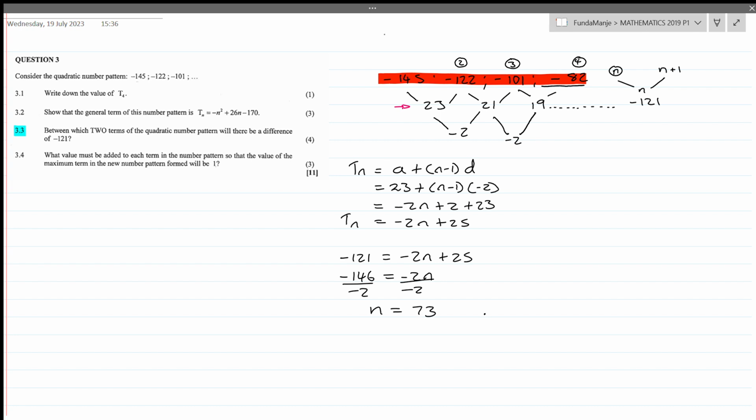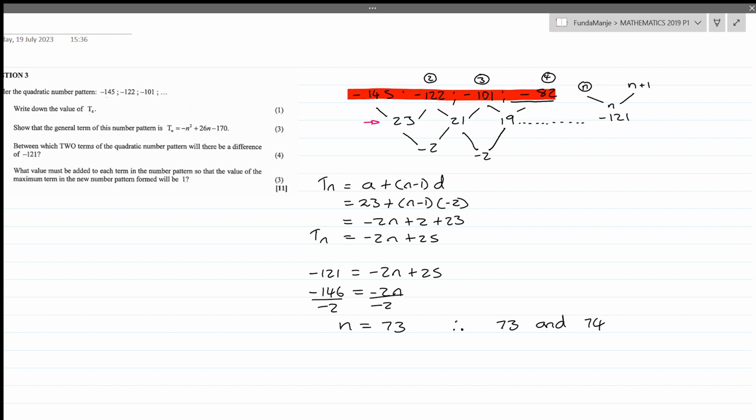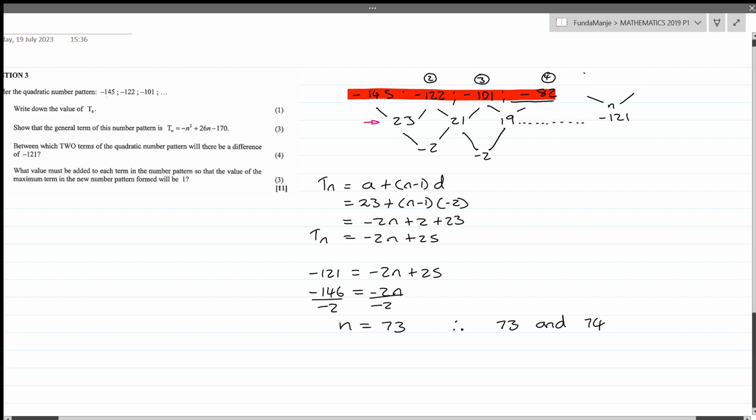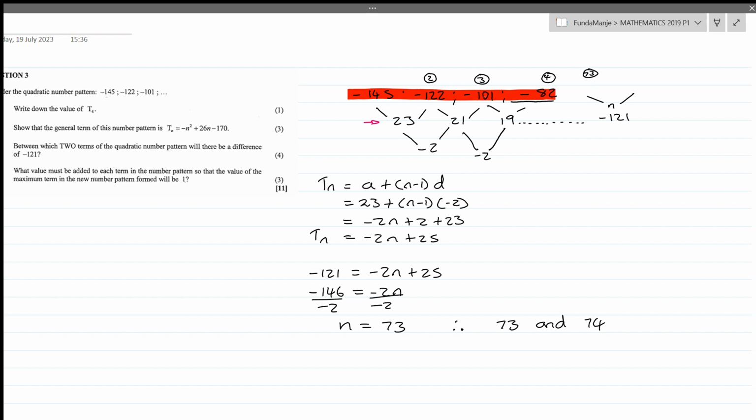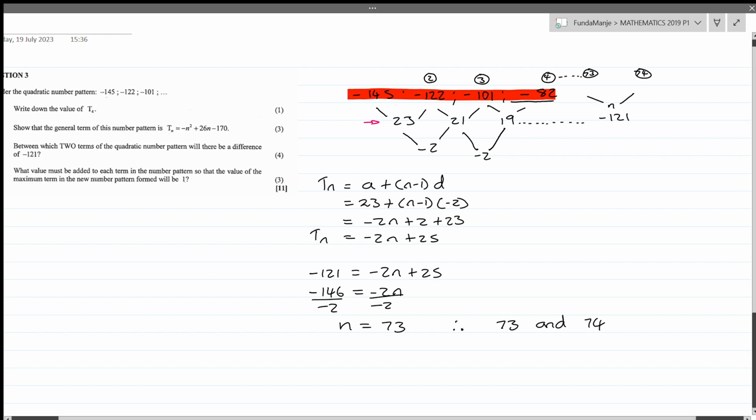Then we can say therefore it will be in between term number 73 and 74. As we've seen, that's the general trend. It will be in between term number 73 and term number 74 within this pattern.